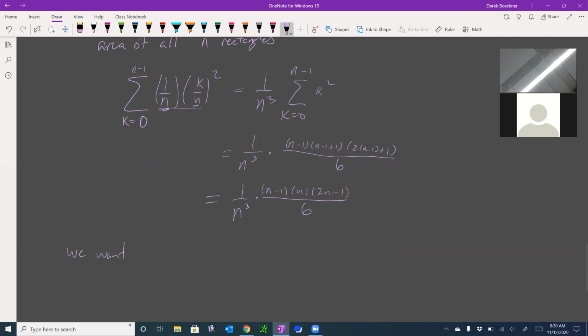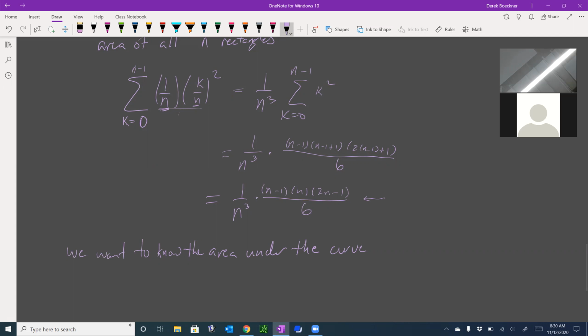We want to know the area under the curve. So we're going to take n as n goes to infinity and find a limit of these approximations. This is an approximation using n rectangles of the area under the curve. As I use more and more rectangles, my approximation should be getting better and better.